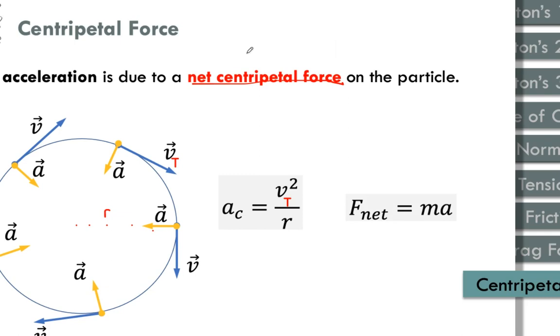To derive our equation, we're going to use Newton's second law. Any net force is equal to the mass of the object times acceleration. So if we substitute F net with F centripetal, and we plug in for a centripetal, we find that the net force causing the object to move in a circle is equal to its mass times its tangential velocity squared divided by its radius.